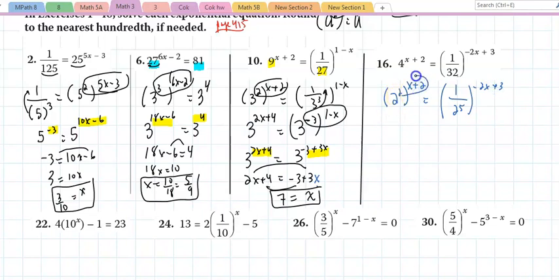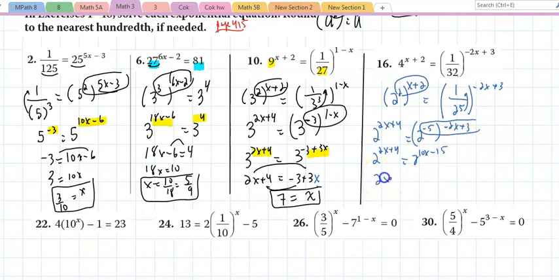And this would be, you multiply those, that is 2 to the 2x plus 4 equals... And if you move this up, that becomes 2 to the negative 5th power raised to the negative 2x plus 3. And for me to be able to use the second shortcut, the bases must be the same. If I multiply those, that would be 10x minus 15.